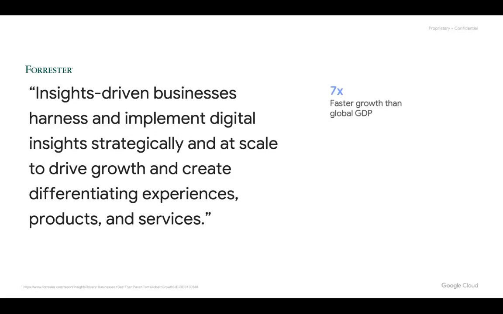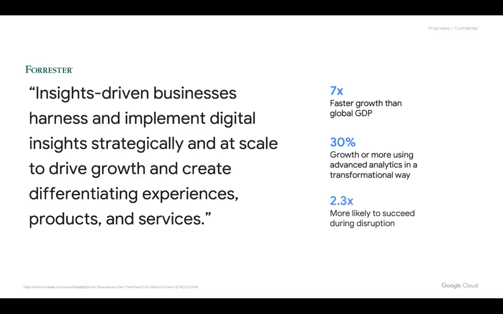There are a lot of statistics we could go into, but I think this Forrester statistic about succeeding during disruption is particularly relevant right now with all the change we're seeing in the world: the COVID pandemic, the changes in the market, the changes in our businesses.